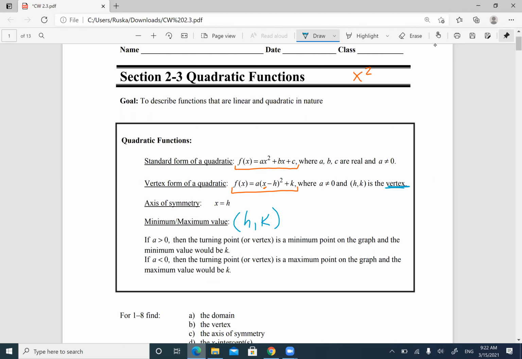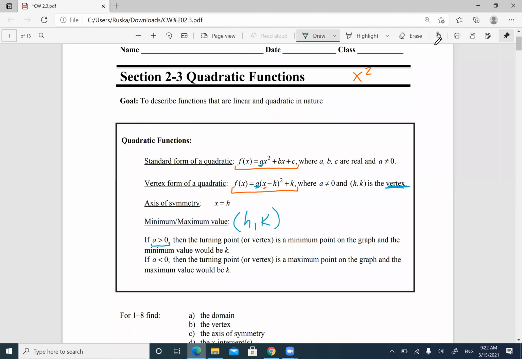If a is positive, where a is the number in front of the square, then the turning point, or the vertex, is the minimum point.